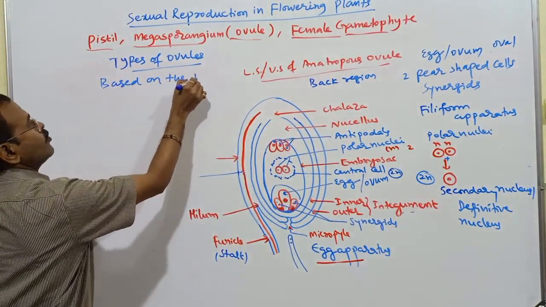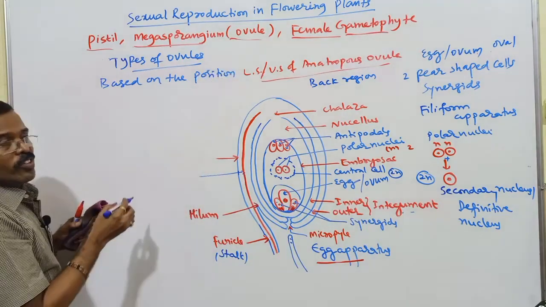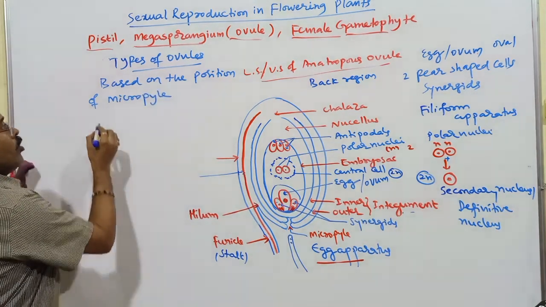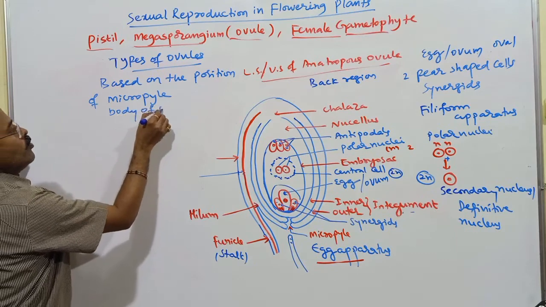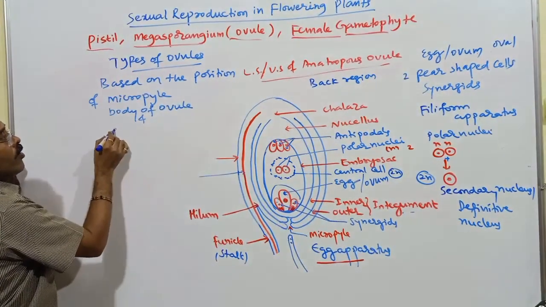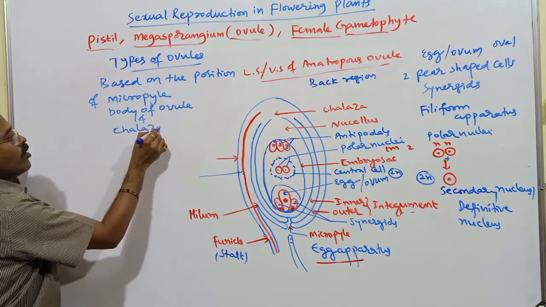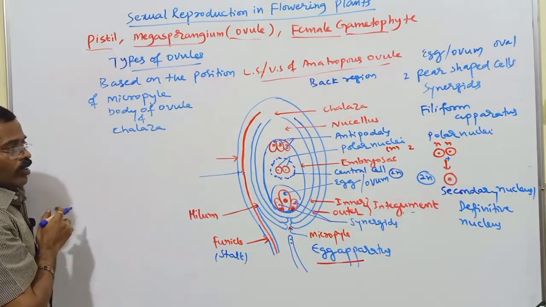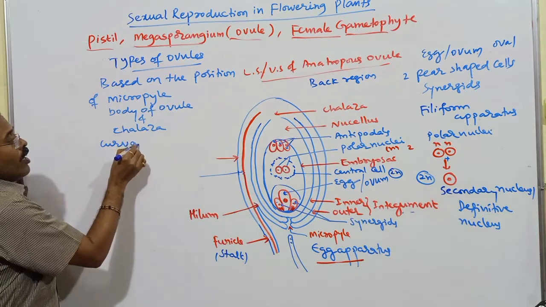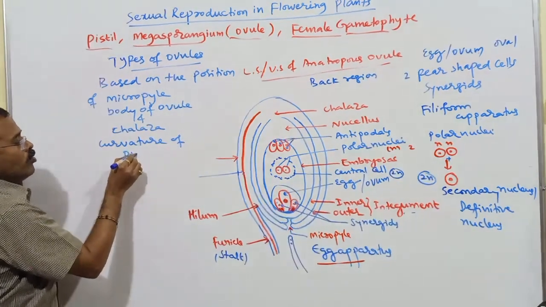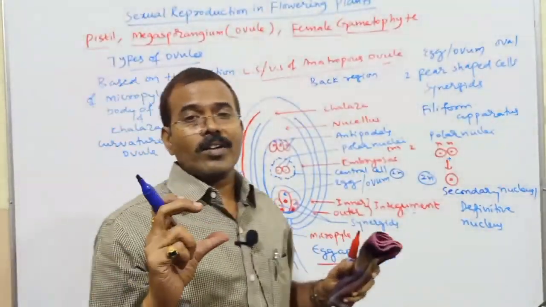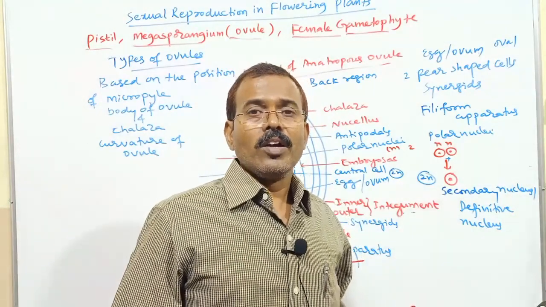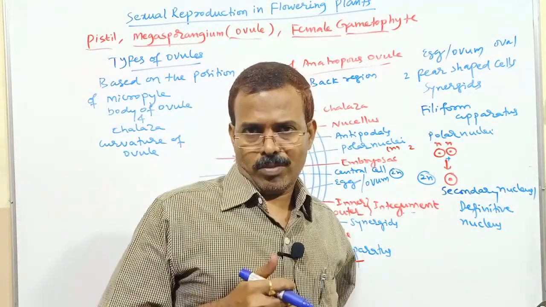Based on the position of the micropyle, body of the ovule, and chalaza, or based on the curvature of the ovule, what angle the ovule takes in its turn or rotation, you have a total of 6 types.